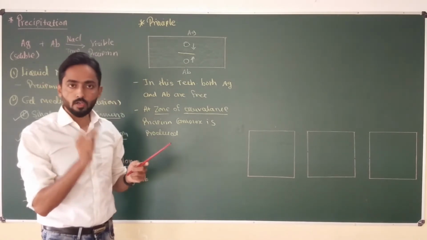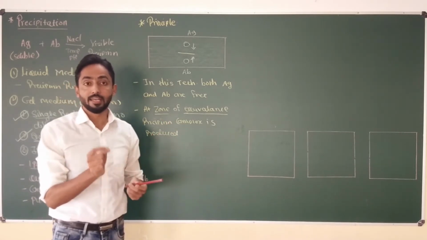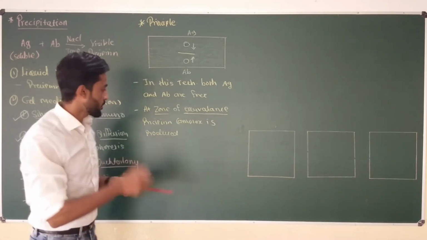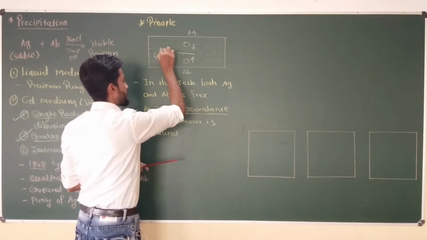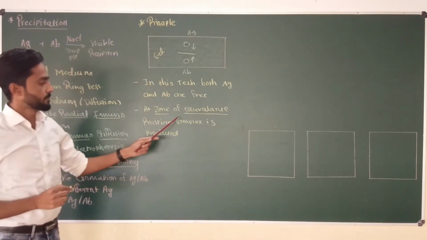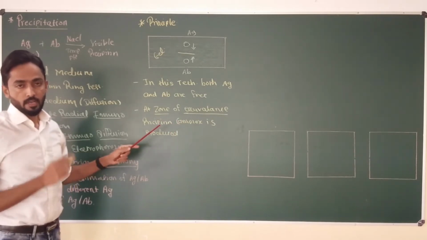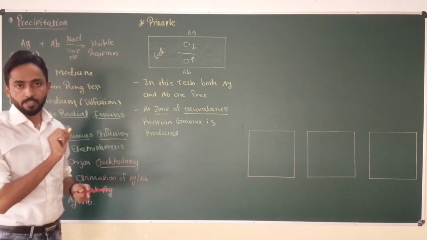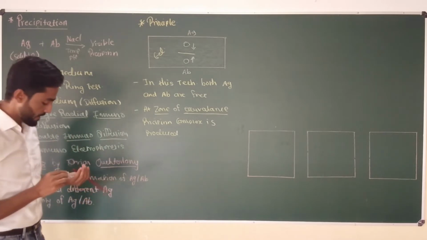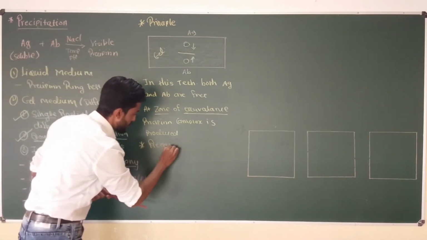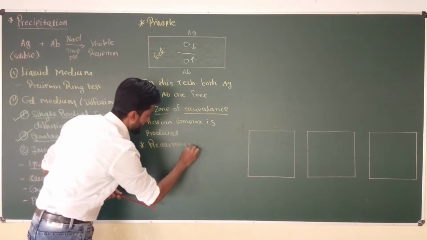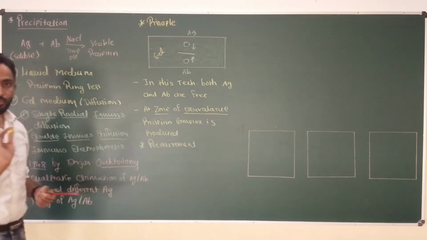The reaction only occurs when antigen and antibody are present at equal concentration, called the zone of equivalence. When the zone of equivalence is reached in the gel, you can find the precipitin or lattice complex, and at this point the precipitation reaction occurs.